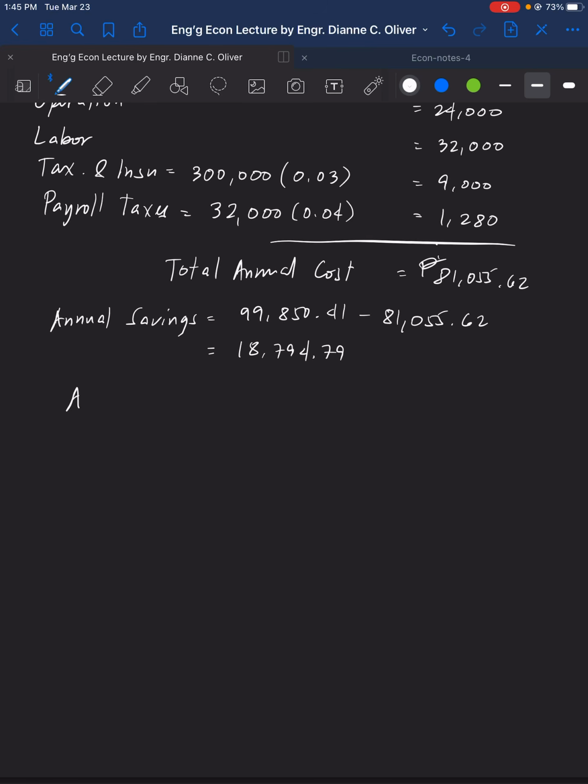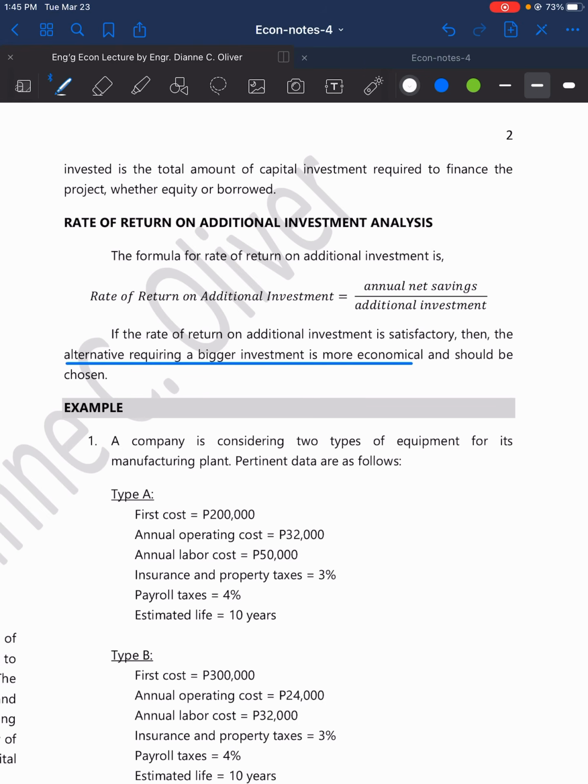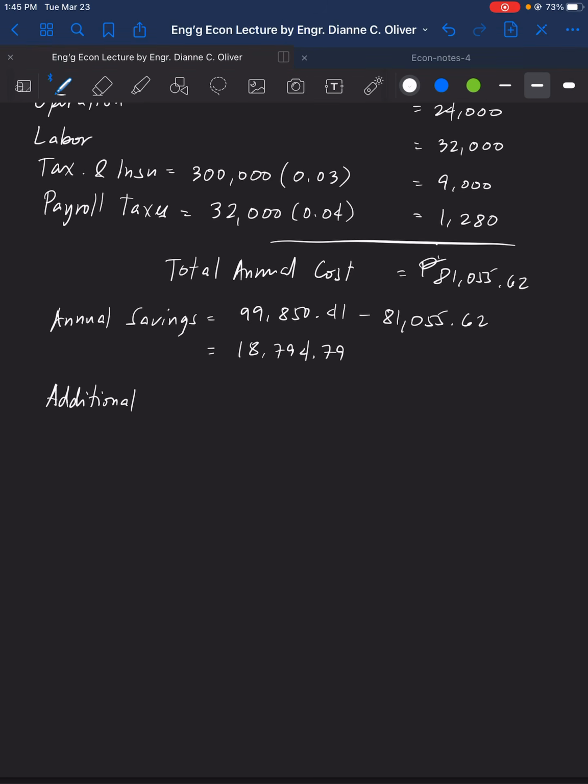So the additional investment is equal to 300,000 minus 200,000. That is equal to 100,000.